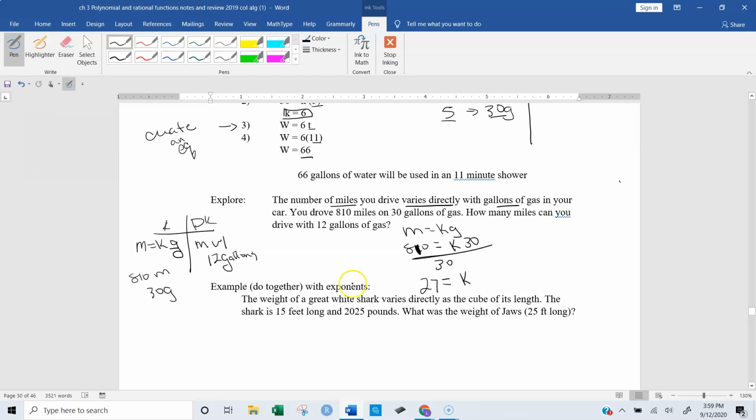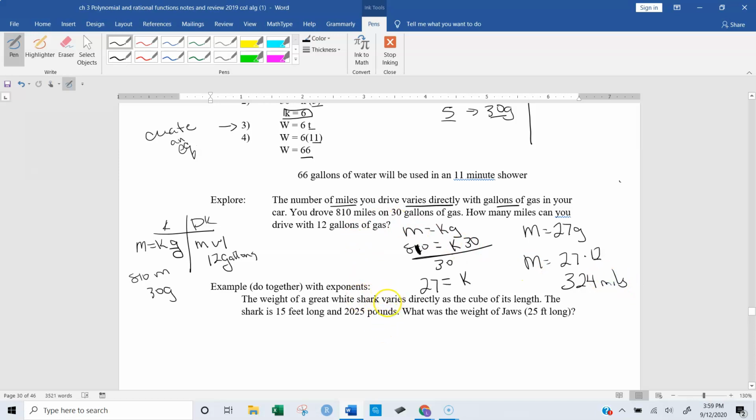All right, so K is 27. So my equation is miles is equal to 27 times gallons. So basically I'm getting 27 miles per gallon. All right, I have 12 gallons of gas, so how far can I go? This is 27 times 12. Type that into your calculator and you should get 324 miles.